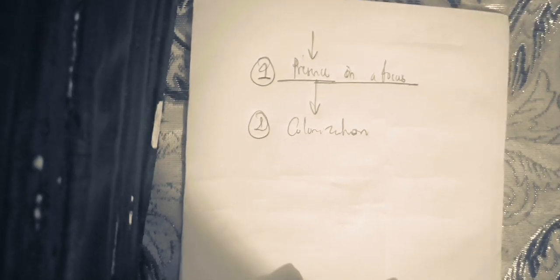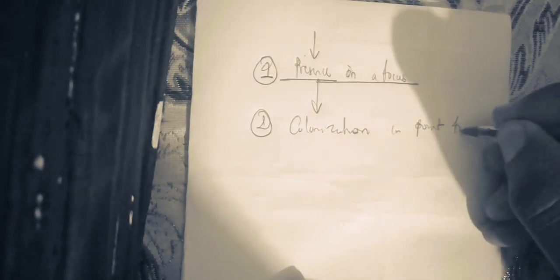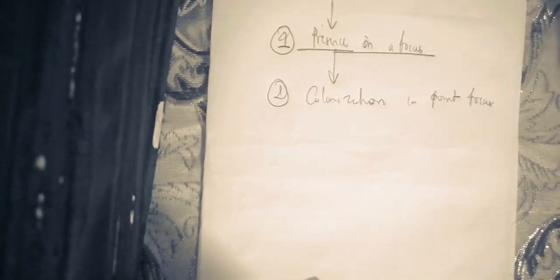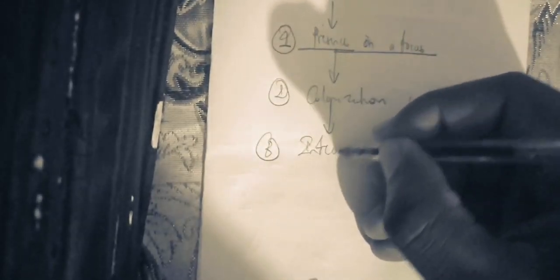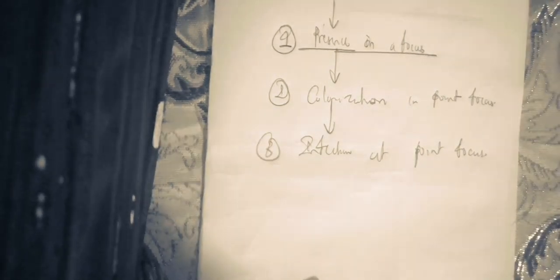After contamination, the second step is colonization, meaning that the microorganisms are actively dividing, still at a point of focus. Then the third step is an infection at a point of focus.